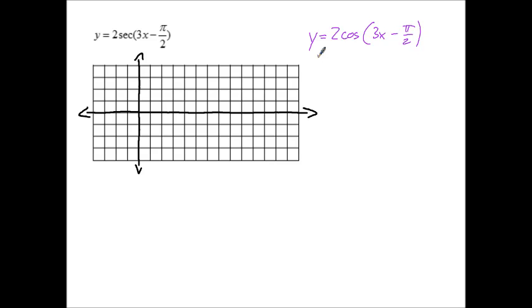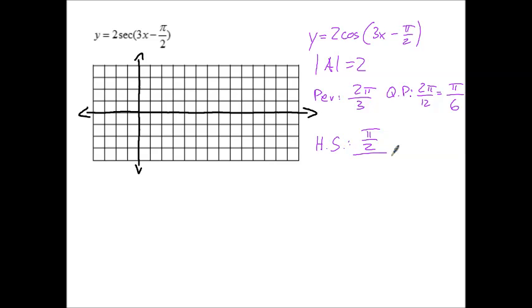This means we have an amplitude of 2. We have a period of 2 pi over 3. That makes our quarter period 2 pi over 12, which is the same as pi over 6. Our horizontal shift is pi over 2 divided by 3.